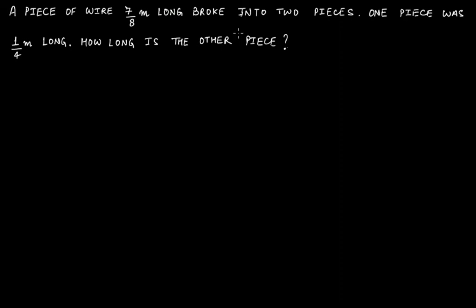So of course, when you have broken your wire into two pieces, then the length of one piece has been given and the length of the other piece is being asked for. Simple.